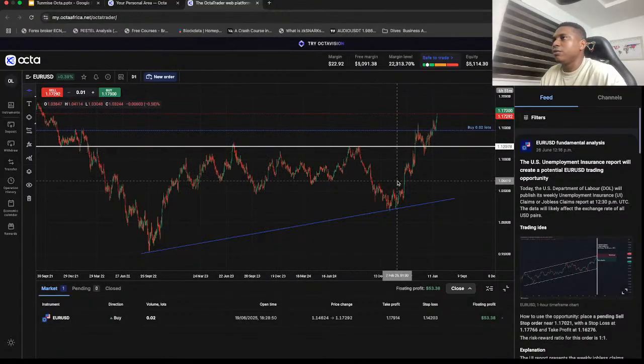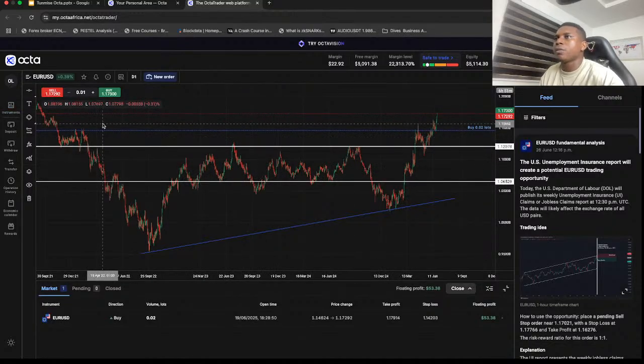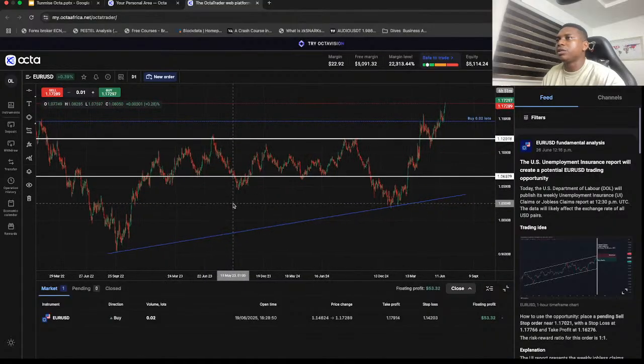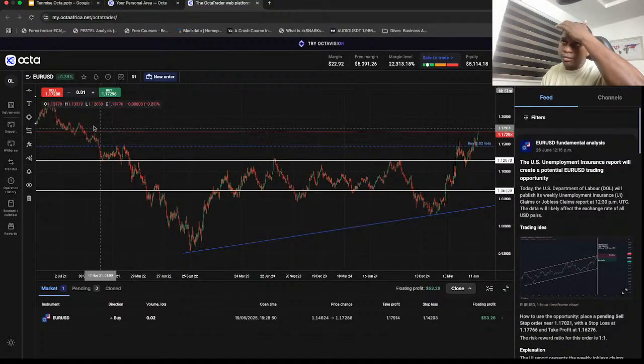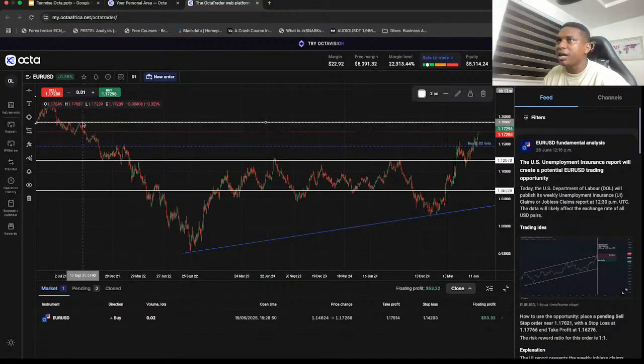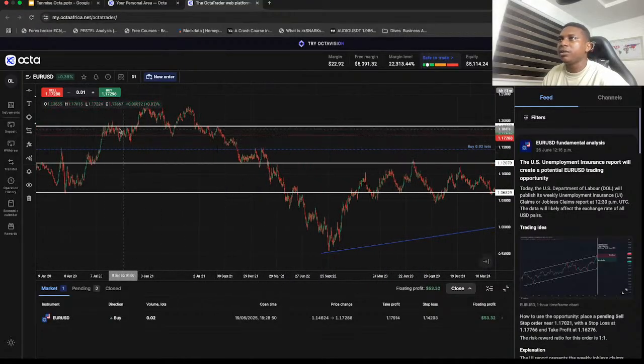I look out for levels of support and resistance. So let's look deeper, and here we can see historical price giving a level of resistance here, and then another level of resistance up here.